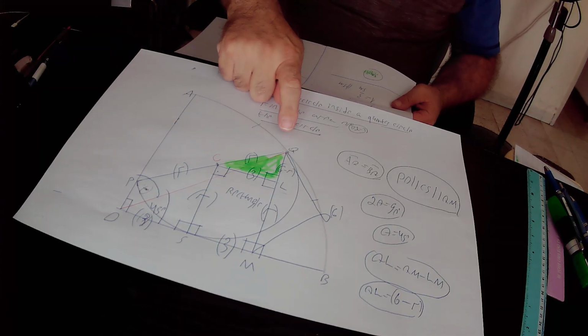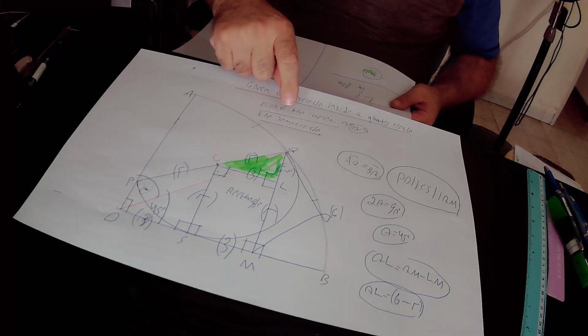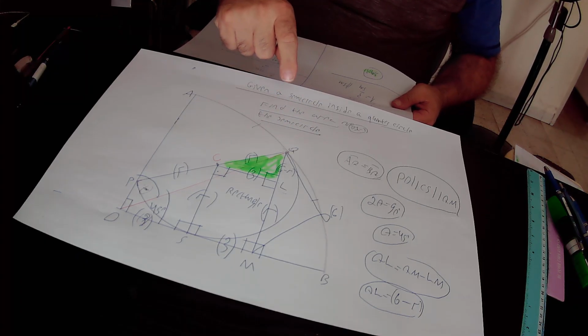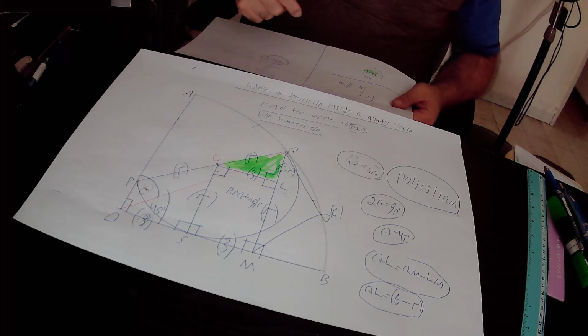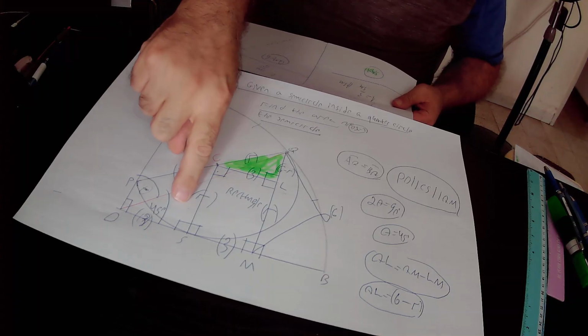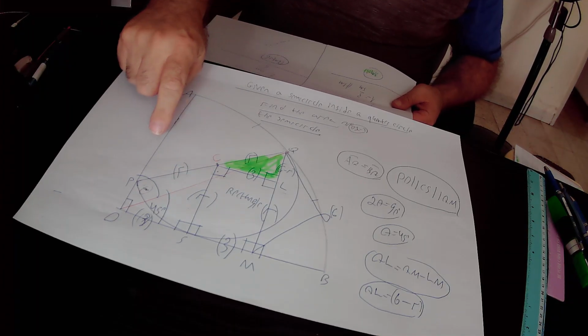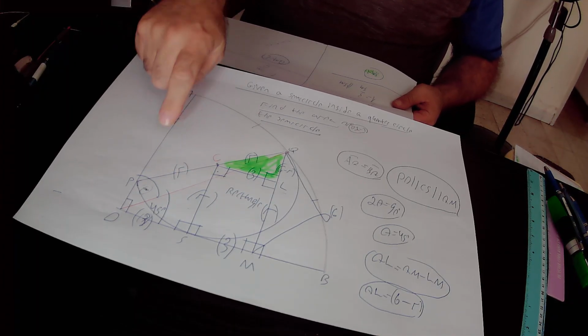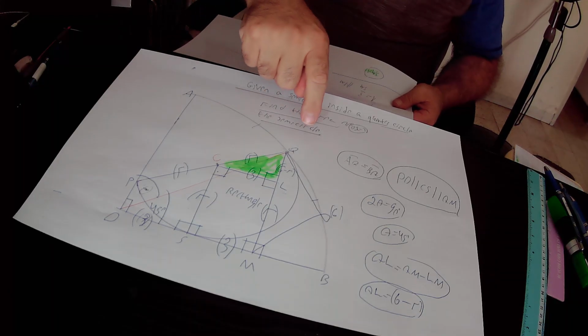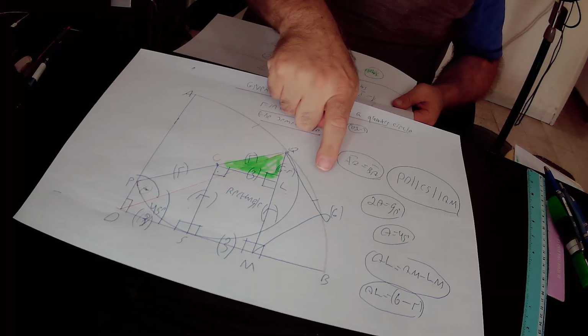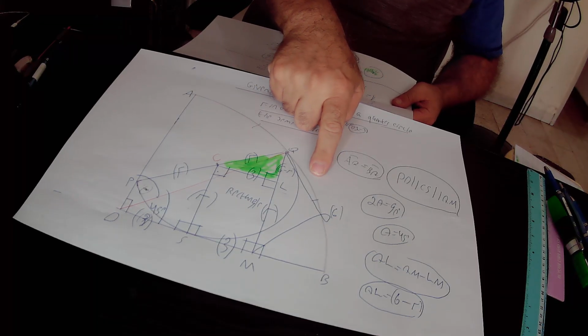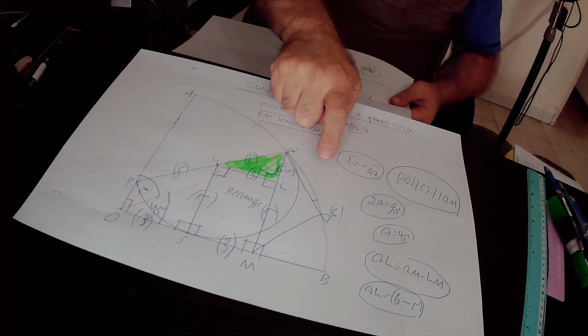Likewise, angle BOQ is also a center angle. This is center angle AOQ that subtends arc AQ. Likewise, this is center angle BOQ that subtends arc QB.